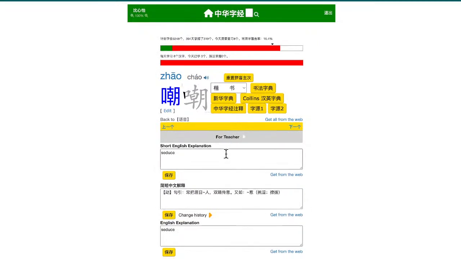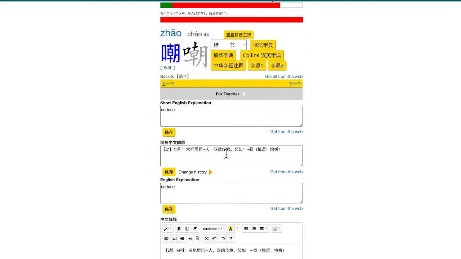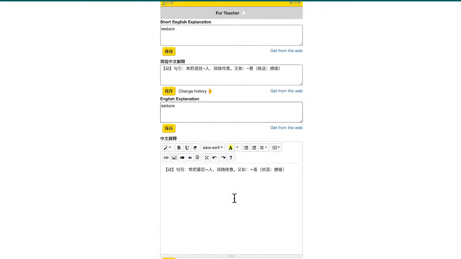Okay, and the another pronunciation is zhāo. 嘲 pronounced zhāo means a different meaning. Means seduce. For example, 他常把眉目招人, 招惹, that means provoke and seduce, you know. And 撩拨, 撩妹, this is seduce.